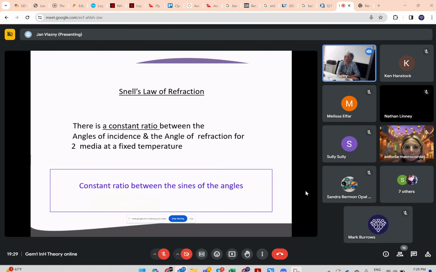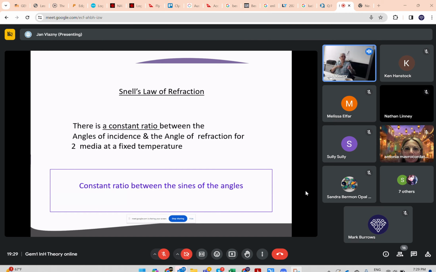It says in here, in the notes, for two given media, the ratio of the sine of the angle of incidence to the sine of the angle of refraction is constant for light of one wavelength. Yes. Does that mean the same thing? Yes, so for two media and one wavelength, which is why. Okay.